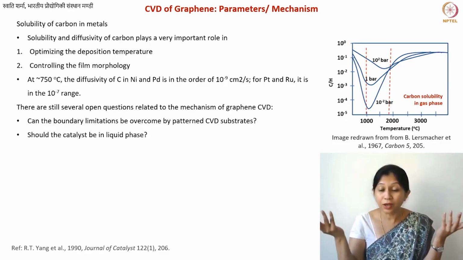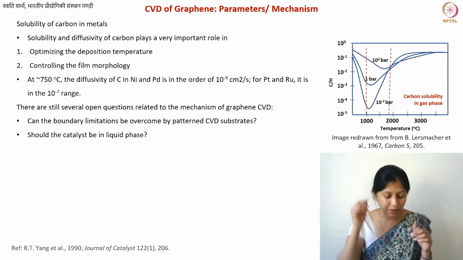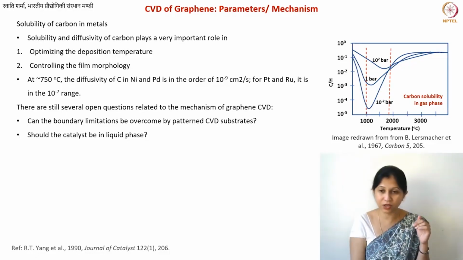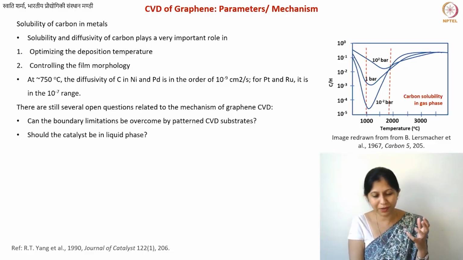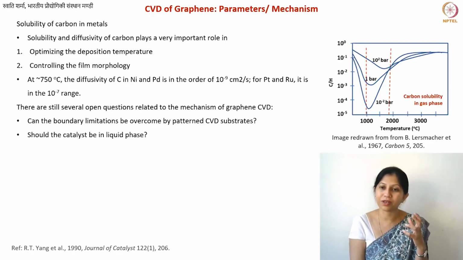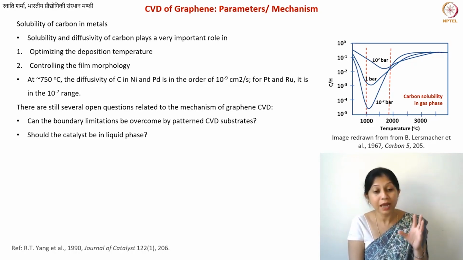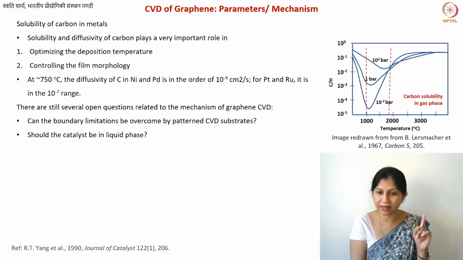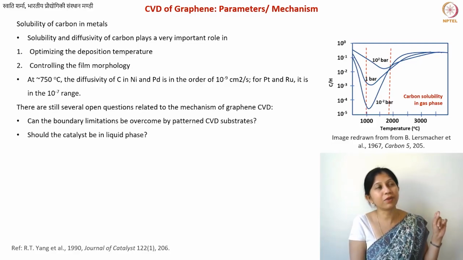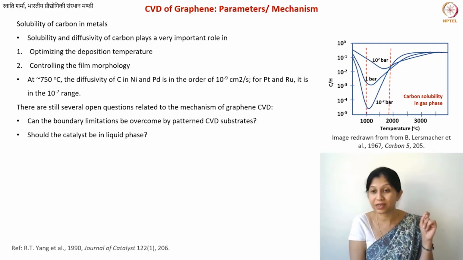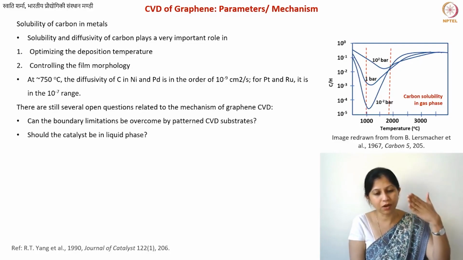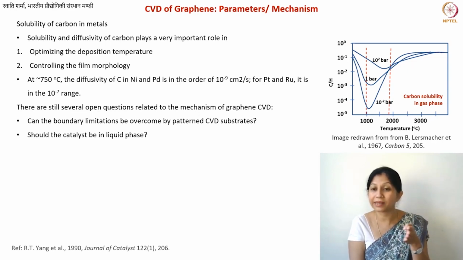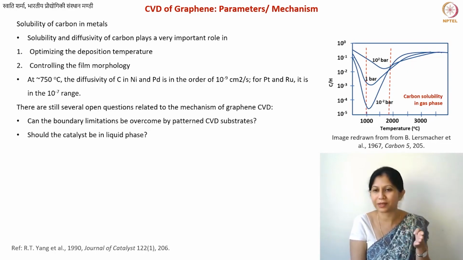Okay, when it comes to the mechanism, there is also one interesting question. When we talk about the solubility of carbon in these metals, these are solid solutions. We are not talking about liquid solutions, we are still talking about solid solutions. But there are certain cases, especially when you use a copper catalyst, where the temperature of your CVD process or the substrate is almost equal to the melting point or just below the melting point.